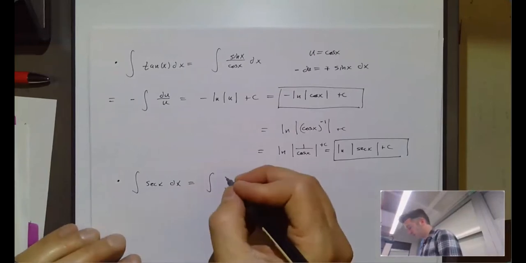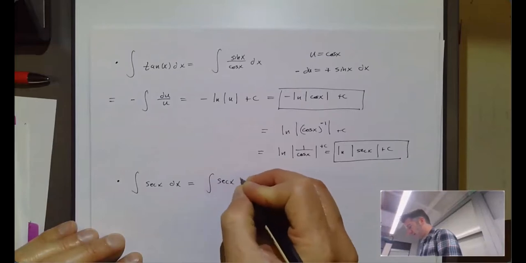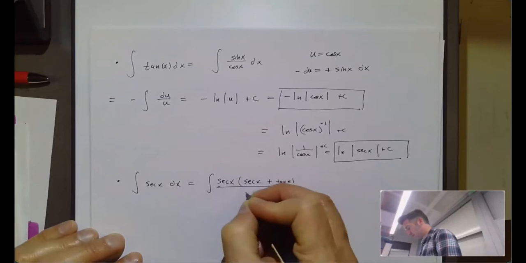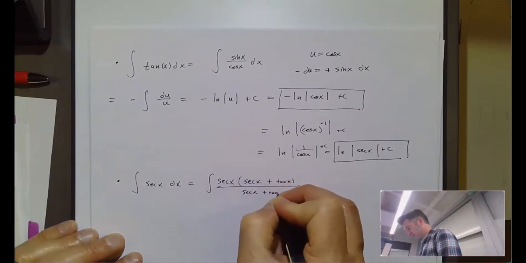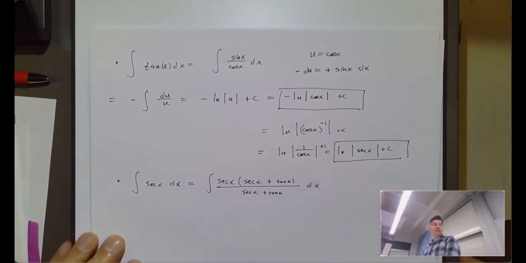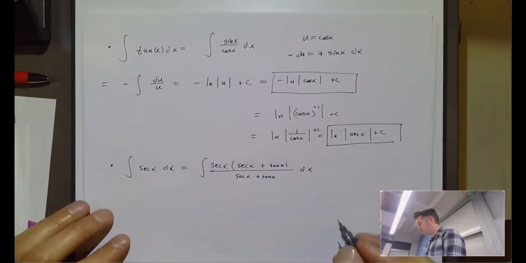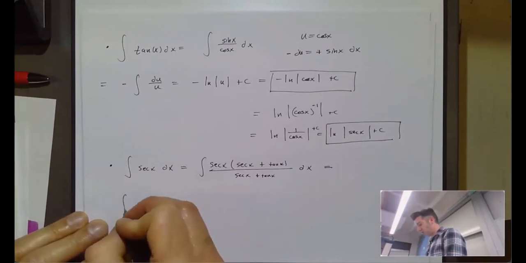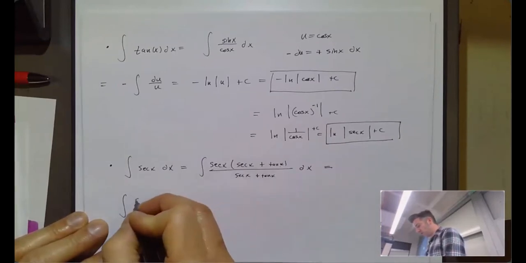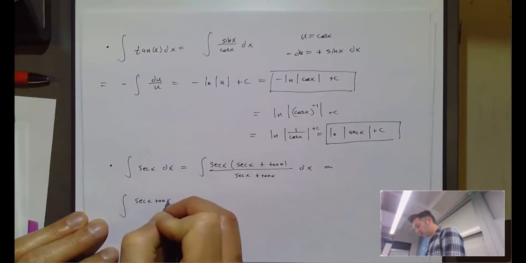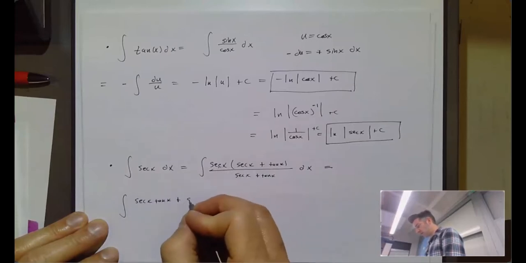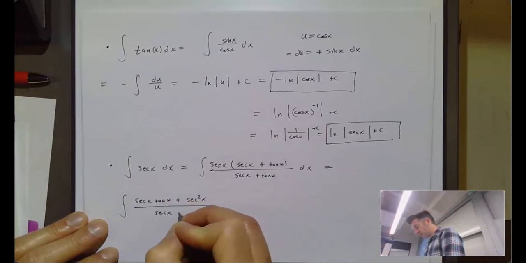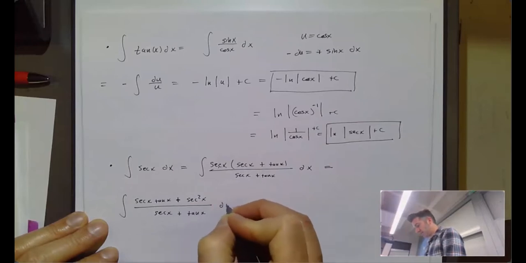So here's the trick. We're going to multiply the top and bottom by secant of x plus tangent of x. The reason we do this is because if we multiply at the top, look what we get. I'm going to switch the order: secant x times tangent x, plus secant x times secant x, which is secant squared x, over secant x plus tangent x.